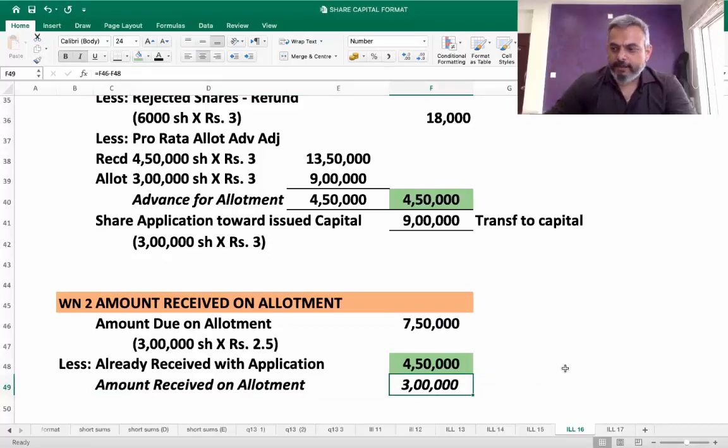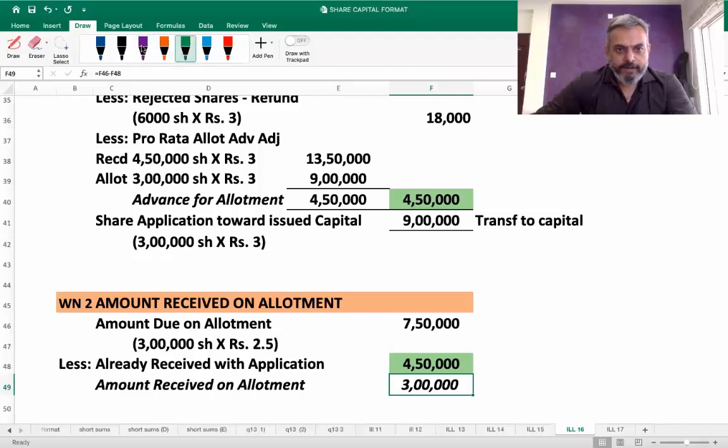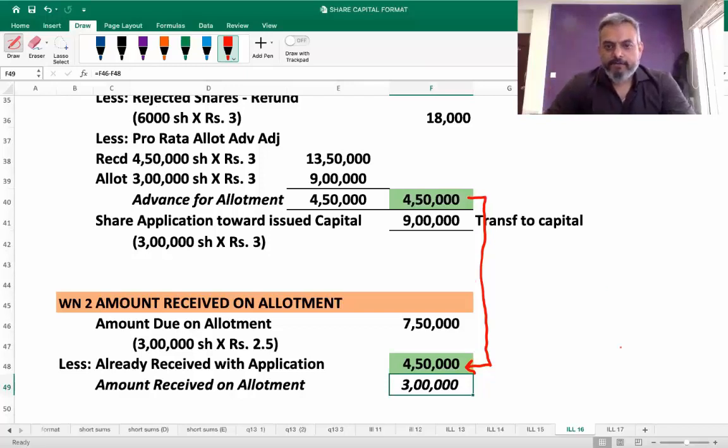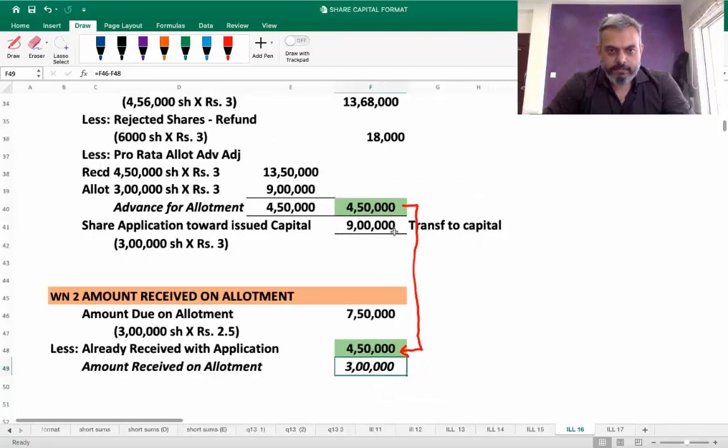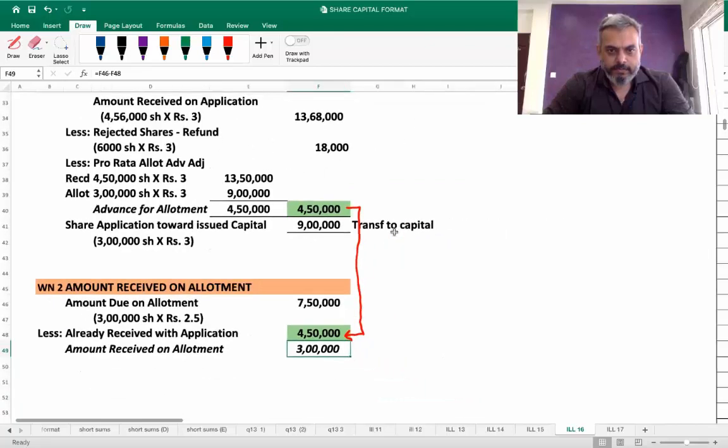Please do this working. This 4,50,000 we have taken from here. So in the second stage, at the time of allotment, 4,50,000 was already received. So we are not going to receive it again. So how much we are going to receive is rupees 3 lakhs. Do the working.